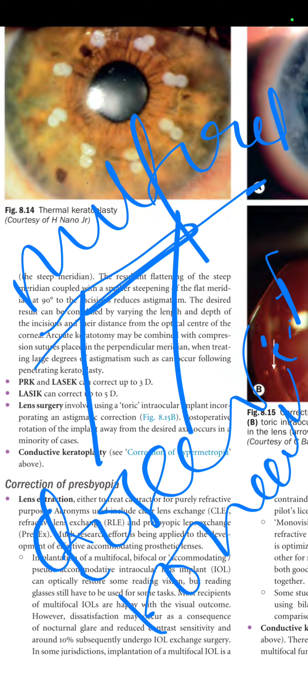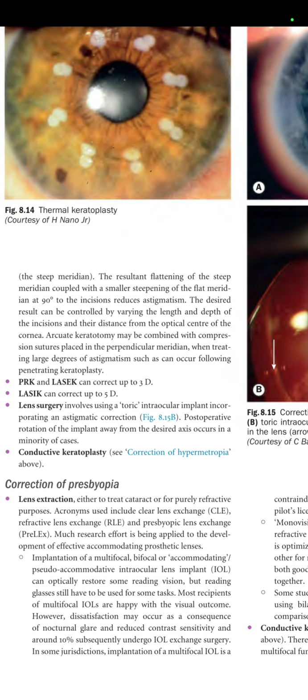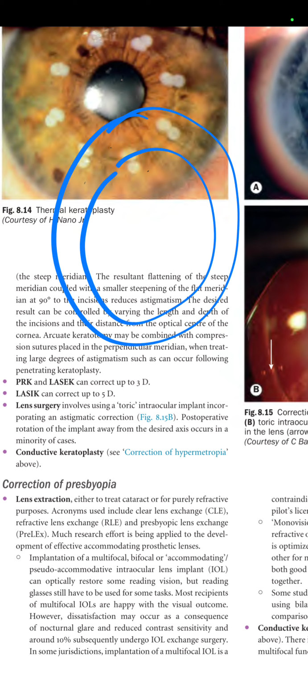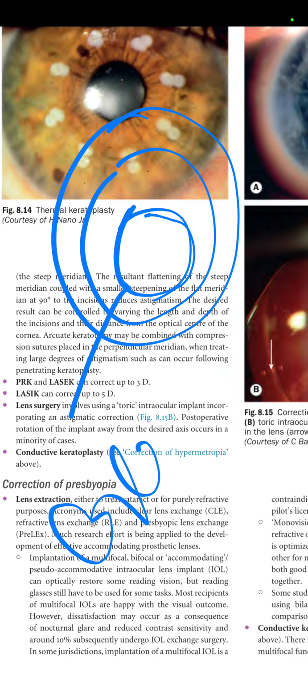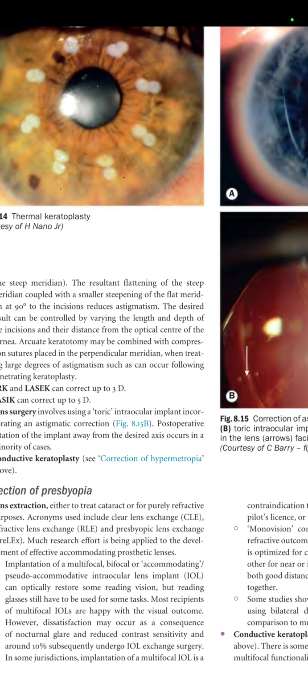In a multifocal, for the near, it has some kind of diffractions, which allows near vision to be read. But due to these different diffractions, it causes glare, and that is why the patient becomes unsatisfied with it.